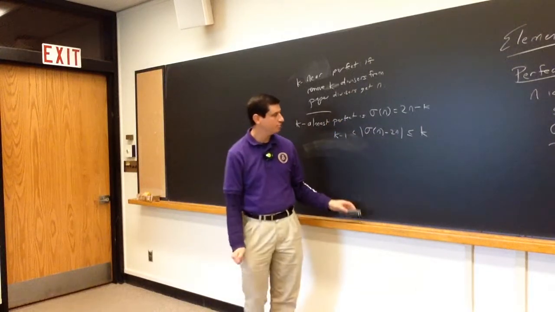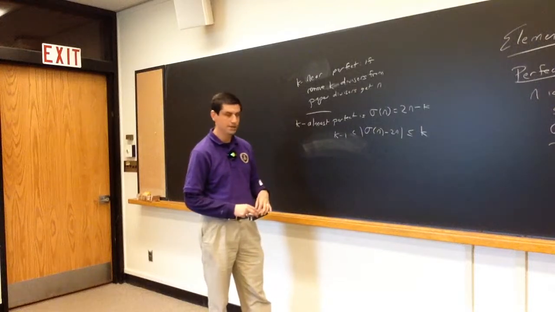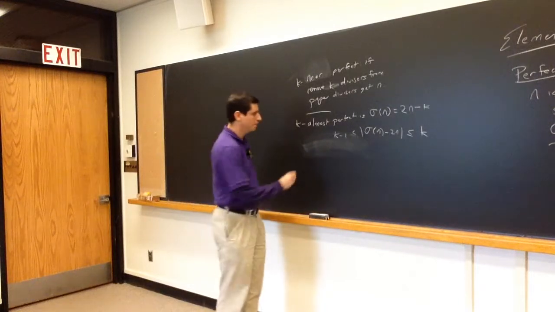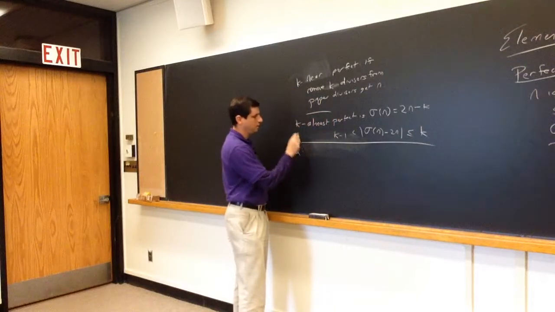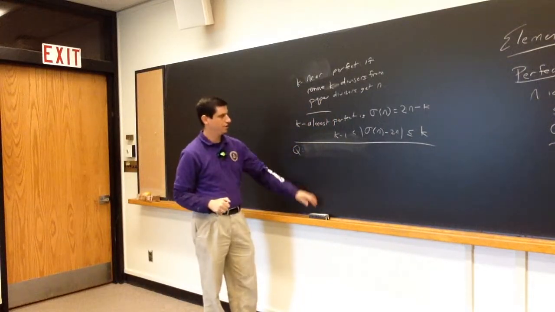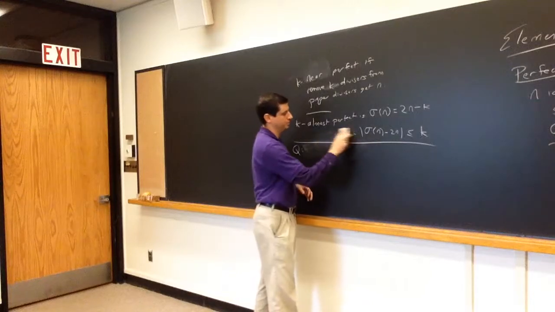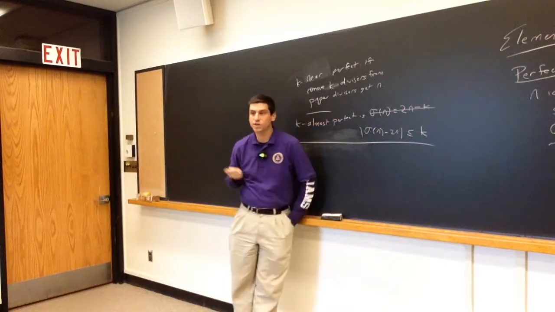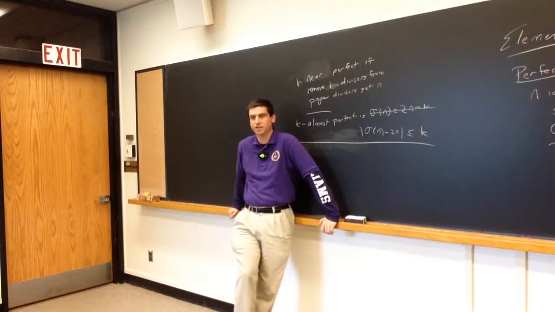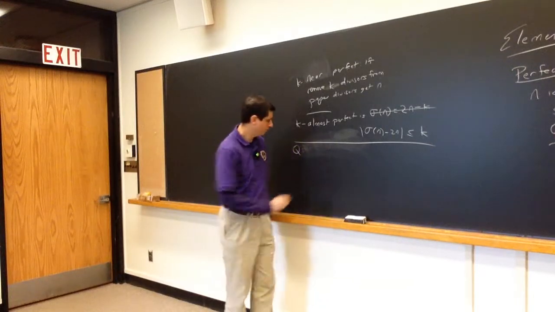So we've talked about a couple of problems we could look at along these lines. One interesting question: let's use this definition of k almost perfect. Let's say if you're within k, we'll say you're k almost perfect. Does that seem like a reasonable definition? Does this seem like something worth studying?